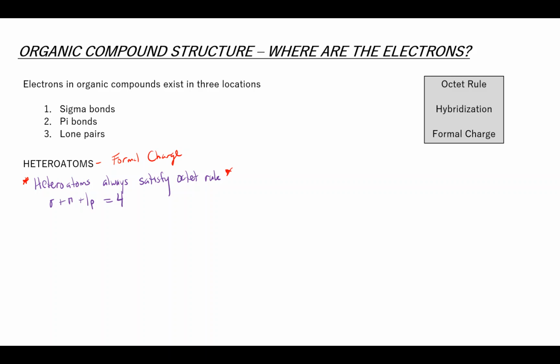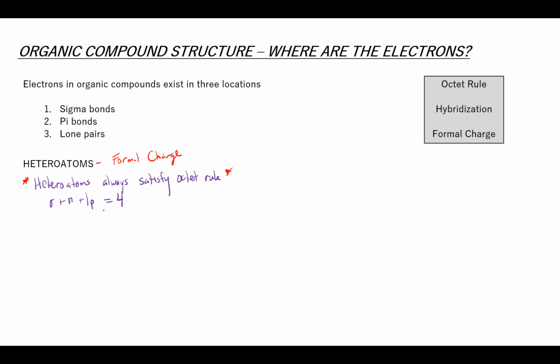It has to always have four of those things surrounding it. Right? When we talked about carbon, we said that neutral carbon will always have four bonds to it, which means it always has sigma bonds and pi bonds equal to 4. But heteroatoms, whether they are charged, if they have a positive charge or a negative charge, or if they're neutral, the number of sigma bonds plus pi bonds plus lone pairs will always equal 4.